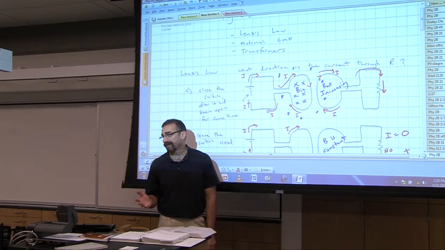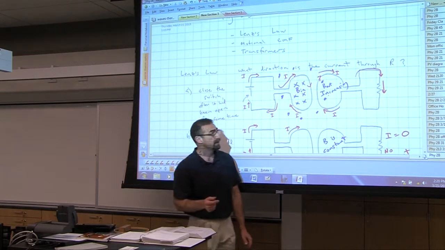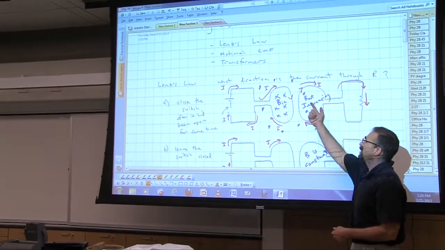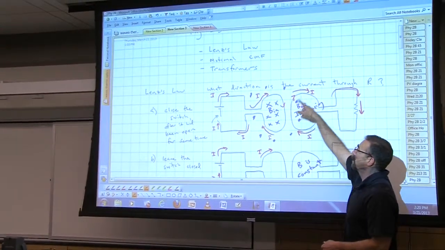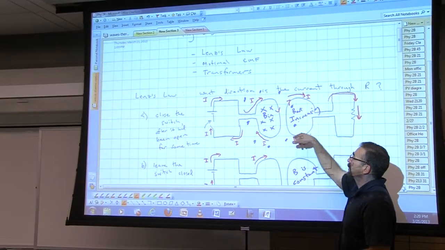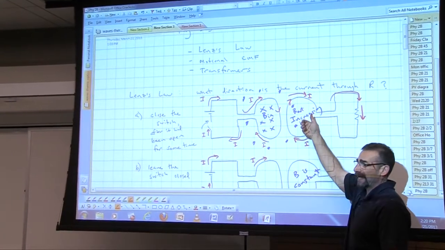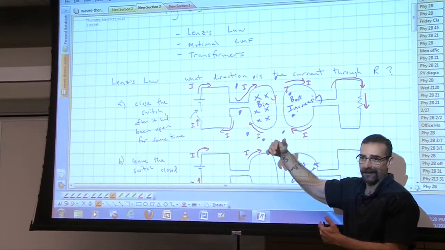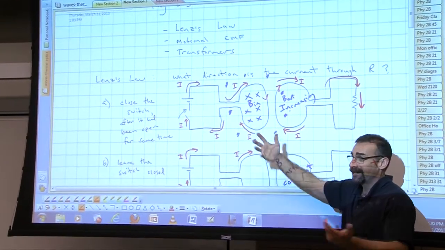One way maybe to think of it, what would happen if it went the other direction? An increasing flux out causes current to flow. If the current that flows created more flux out, that would cause more current to flow, which would create more flux out, which would cause more current to flow.